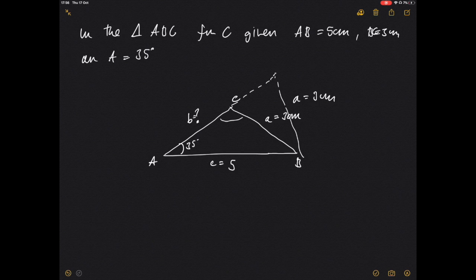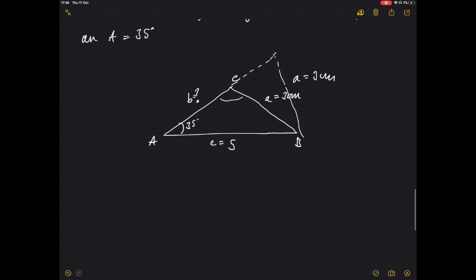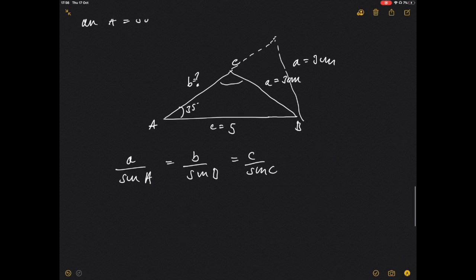So we can actually begin to check this. If we get our sine rule back again, we can say, what happens if we have our rule of a over sine A equals b over sine B, which equals c over sine C. And what do we need from these? Well, we're looking for the angle C, so we need c here, and we have quite a lot of information regarding a.